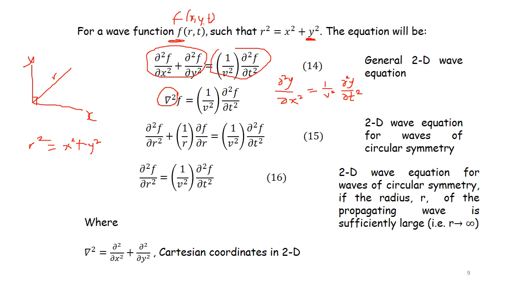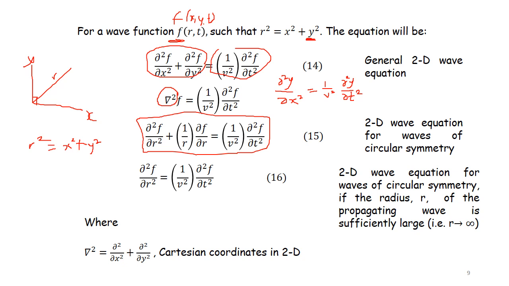Okay, if the 2-dimensional wave has circular symmetry, it's a perfectly circular wave, maybe the water wave is a perfect circular wave, more of a 2-dimensional wave, then instead of using the expression, we make use of this expression. Okay, so just a matter of differentiating and substituting.